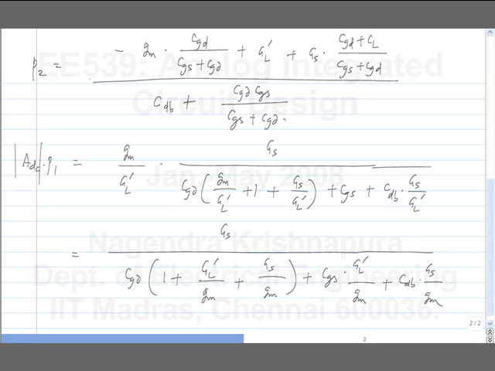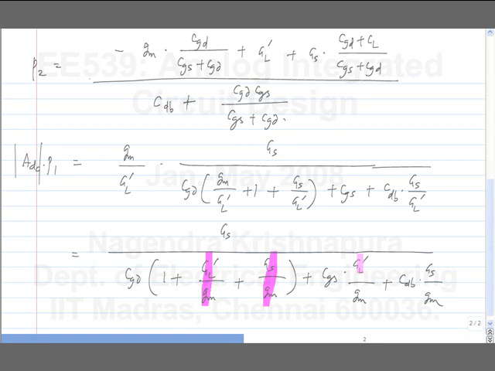Now, let's assume that CGD is not very small. Obviously, if CGD is 0, it doesn't come into picture. But if CGD is moderately large, first of all, we can perhaps neglect GL prime by GM, and GS by GM in comparison to 1. And similarly, GL prime by GM times CGS can be neglected in comparison to CGD. That's the assumption.